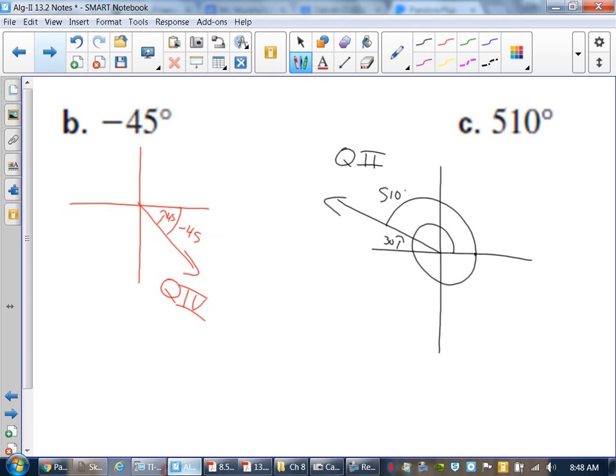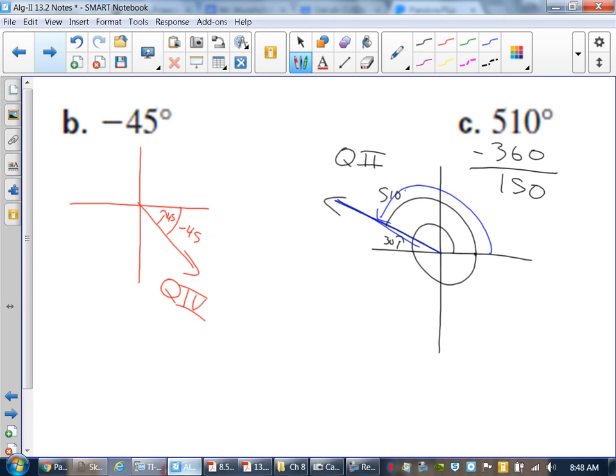One thing I want you to see is that after one revolution, we basically subtracted 360 and figured out what was left, correct? And we got 150. If I drew just 150 degrees, it would be right here, and those two would be in the same spot.